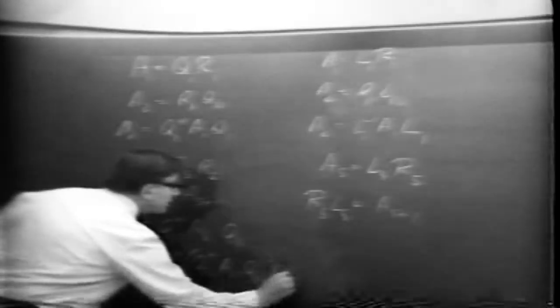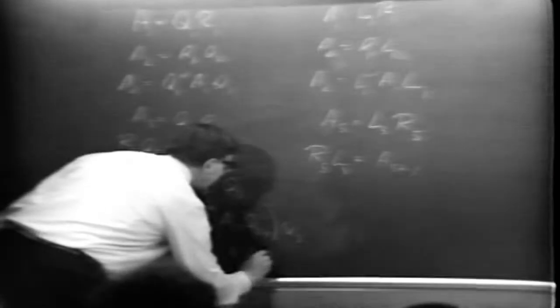Now, we see from this last result that AS plus 1 is QSH AS times QS, which is the result I obtained up there for the first step. And now I can write in for AS, similarly, that is QS minus 1H AS minus 1 times QS minus 1 times QS.